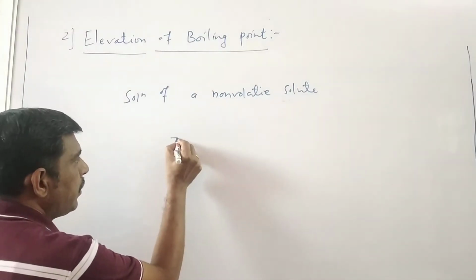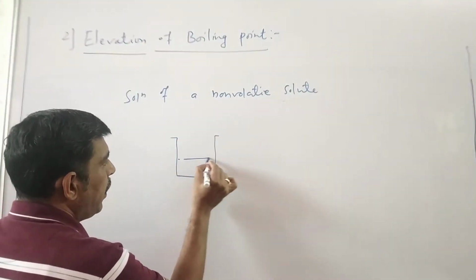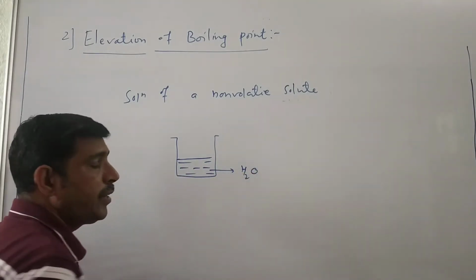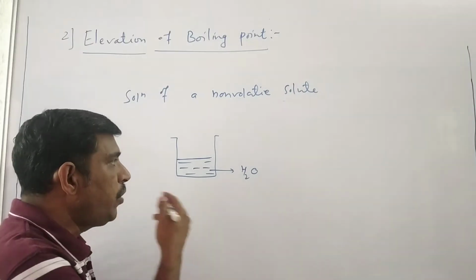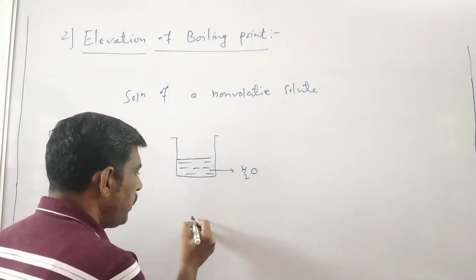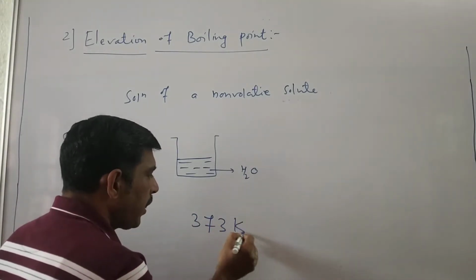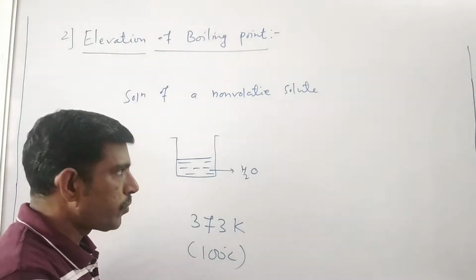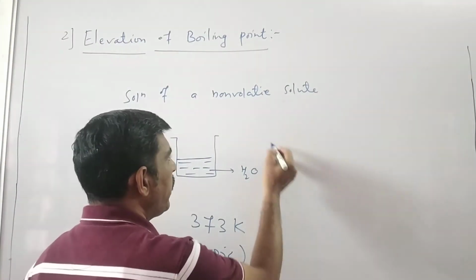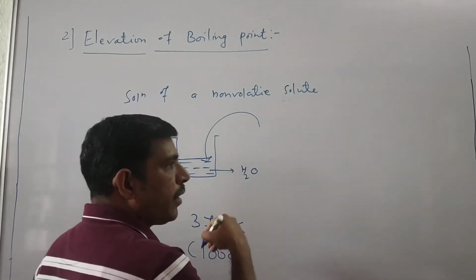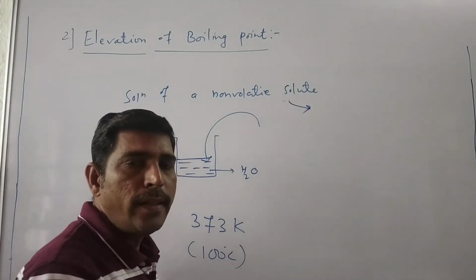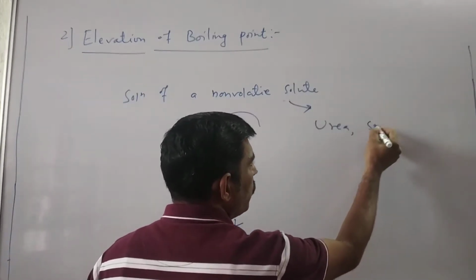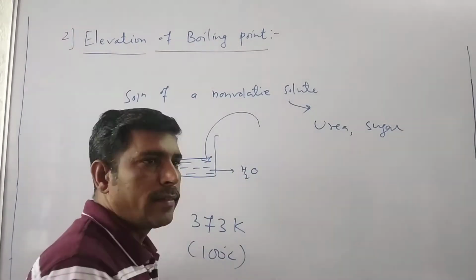Suppose I have a beaker and I have taken some water, only water. So water here is a pure solvent, and we know that the boiling point of pure solvent is 373 Kelvin, or in terms of degrees Celsius, this is 100 degrees Celsius. Correct? Then suppose I add a non-volatile solute, like maybe urea or sugar or anything else.